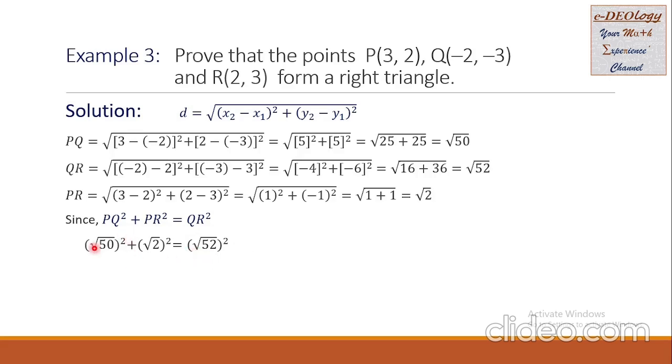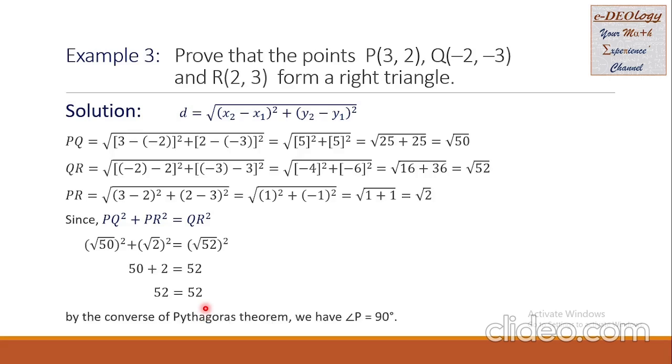Then we cancel the radical with the corresponding exponent. We have now 50 plus 2 equals 52. Then the left side is 52 equals right side, which is 52. By the converse of Pythagoras theorem, we have an angle P that is 90 degrees. Therefore, the triangle PQR is a right triangle.